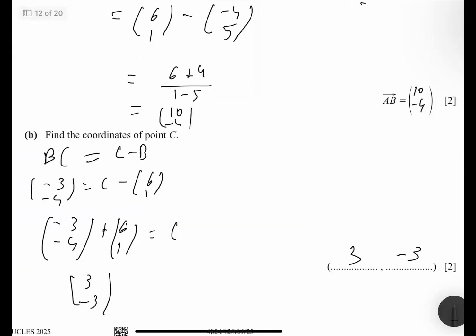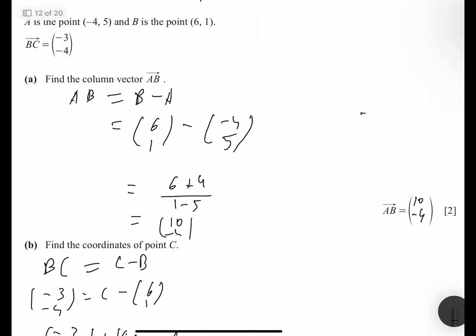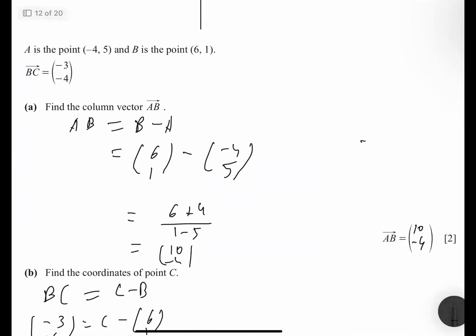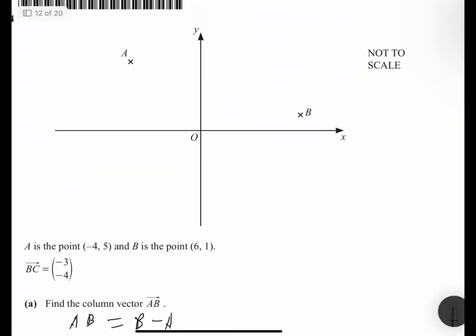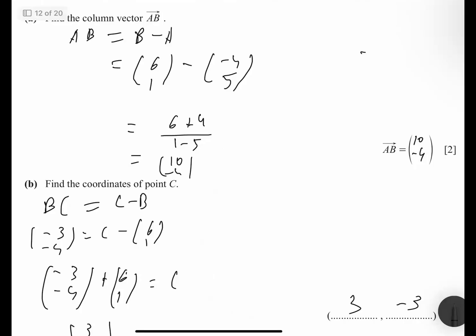We don't know DC, but what we can do is, as we did over here, AB is equal to B minus A, we can do the same here.